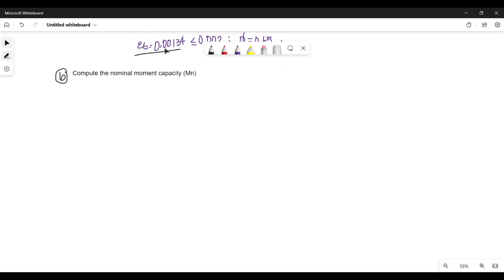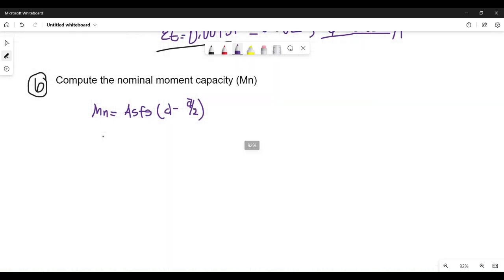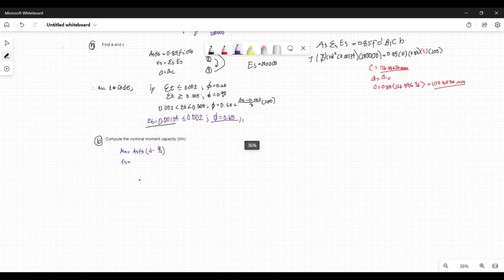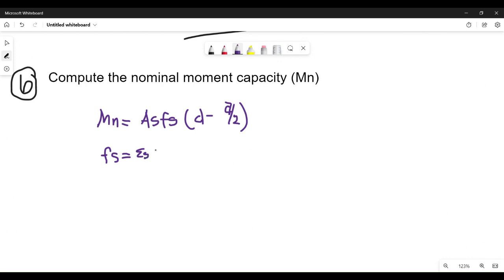Your Mn is equal to AS Fs times D minus A over 2. Your Fs is from our equation earlier, strain S times ES.